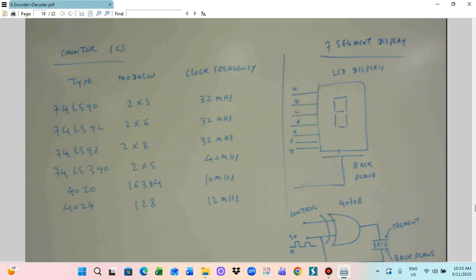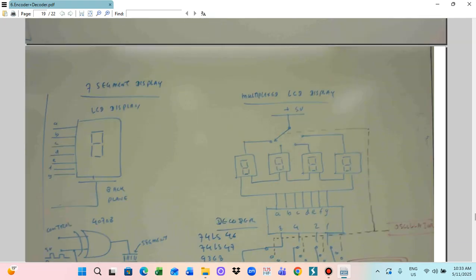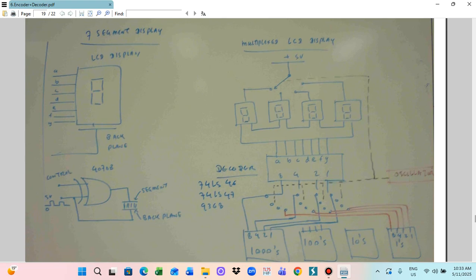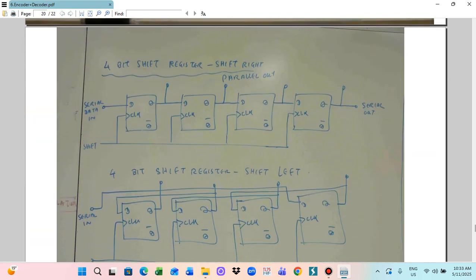And also then we can utilize a 7-segment display with the counter IC. So here are the 7-segment display and the counter IC connection. Here we use the 4-bit shift register, and also the 4-bit shift register shift right and shift left. This is for the number display circuit.